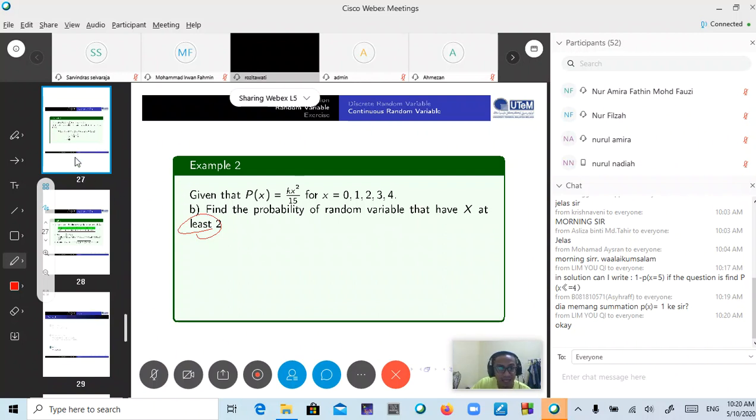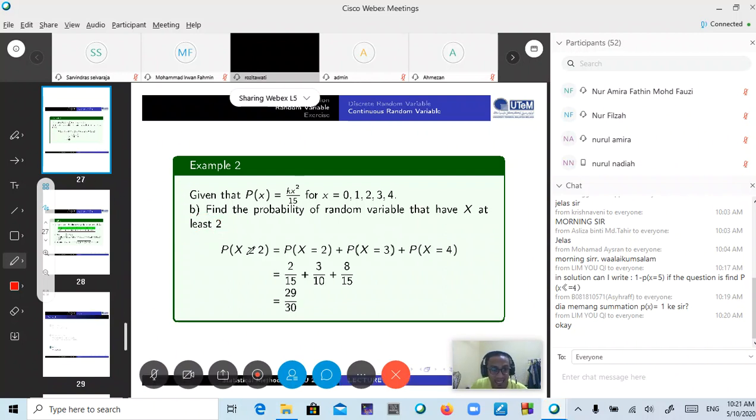So at least is greater than or equal to 2. So you must have equal sign, 2, 3, 4. Why we stop at 4? Because your x just only until 4. So 2 over 15, 3 over 10, and 8 over 15. So you can get 29 over 30.